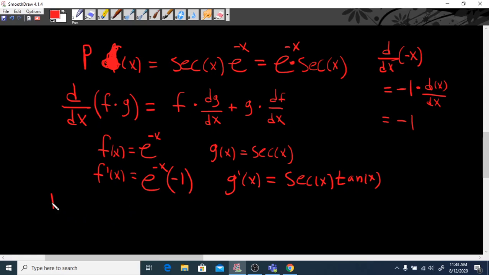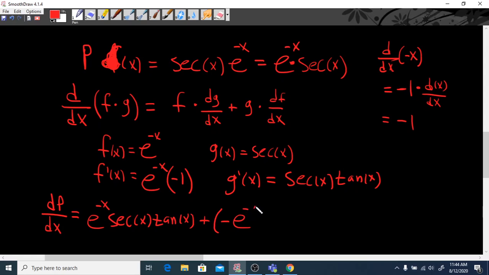So the derivative of the product is going to be, let's do it here, f times the derivative of g. So f, e to the negative x, derivative of g is secant tangent. Okay? Plus g with no derivative. But then f prime, the derivative of f, is going to have the exponential. I like to write exponentials first.